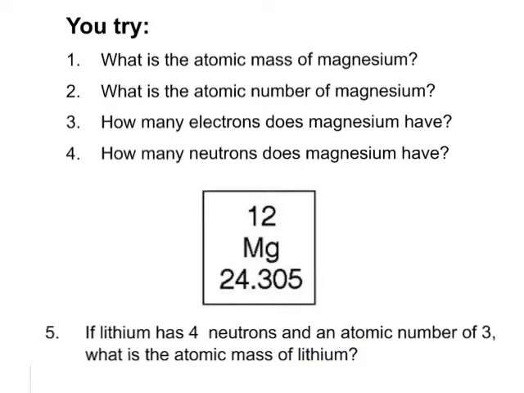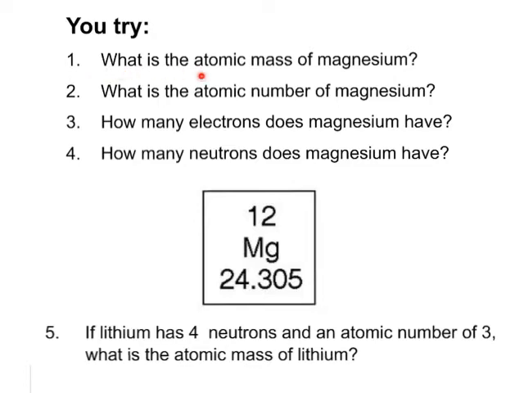So you can try this. Here I gave you some information about magnesium. We'll talk about this a little bit later, but for the most part, we will round this number. So 24.305 is going to be rounded just to the whole number of 24 for the purposes of what we usually do.